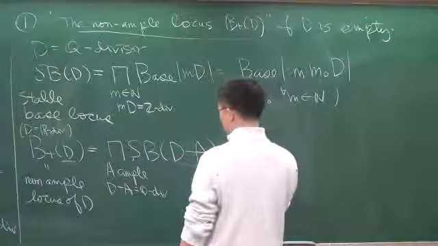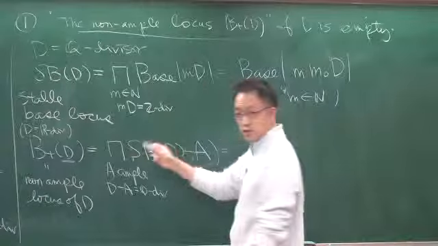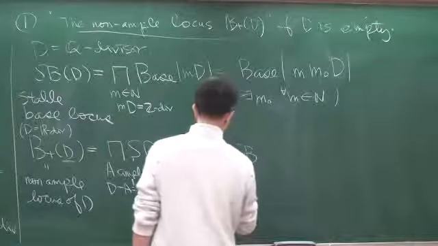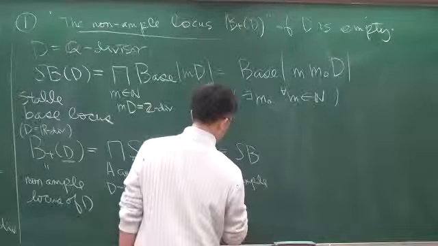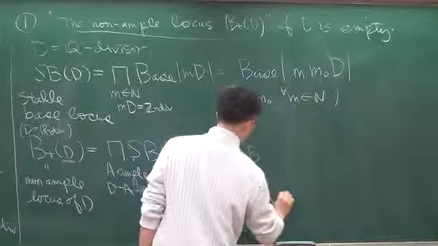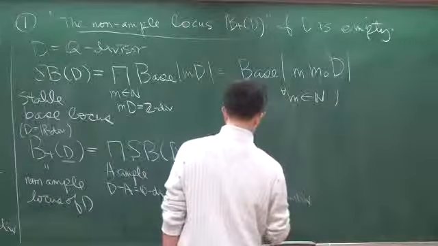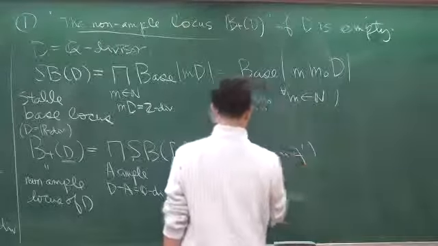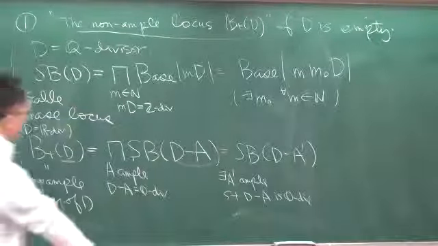But again, in fact, you don't need infinitely many intersections. There is an ample divisor which stabilizes this intersection. So actually, there exists some ample A such that D minus A is a Q-divisor and B_+(D) is equal to the stable base locus of D minus A. Okay.